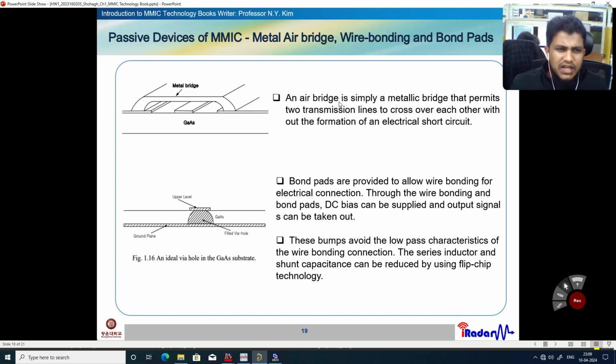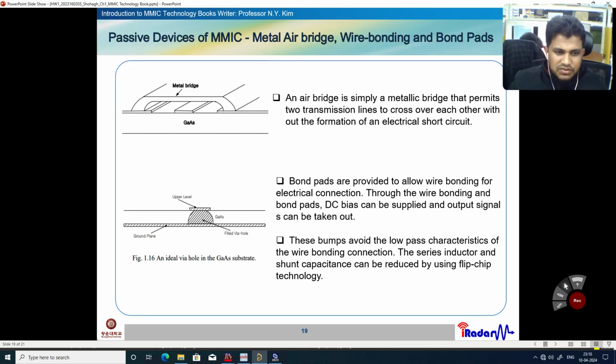An air bridge is simply a metallic bridge that permits two transmission lines to cross over each other without the formation of an electric short circuit. Bonds are provided to allow wire bonding for electric connections, through the wire bonds and bonding pads. As I already told, DC bias can be supplied and output signals can be taken out.